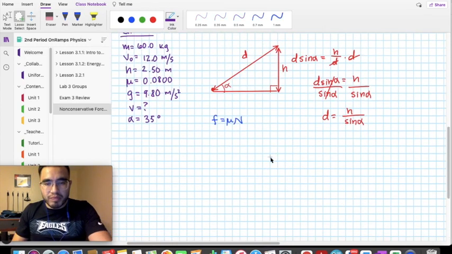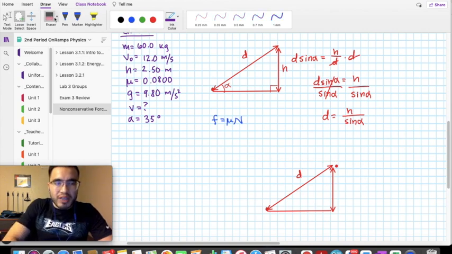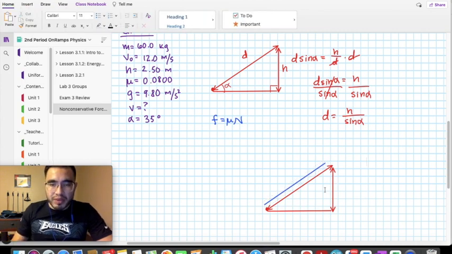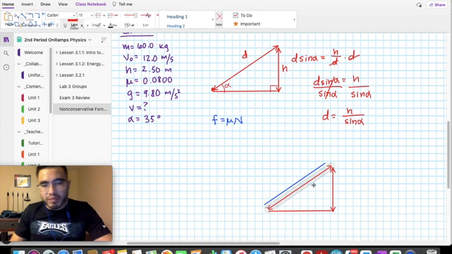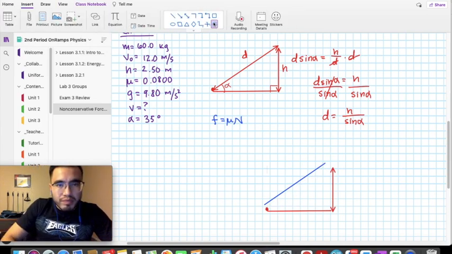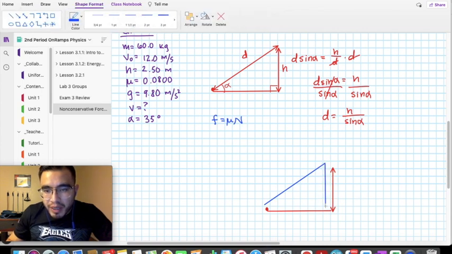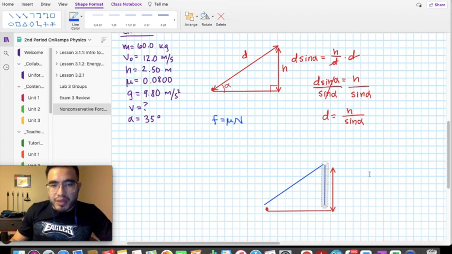So I will change some things, right? In this case, we don't want distance d. This is actually just a triangle, so I'm going to replace all this stuff with a triangle that looks similar to this. There you go, that's one leg. Let's do the other one.